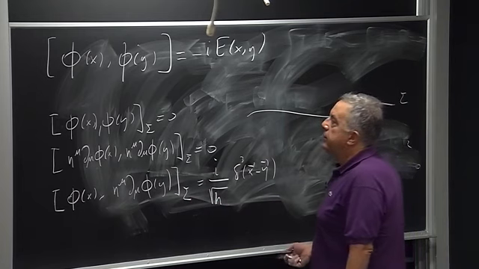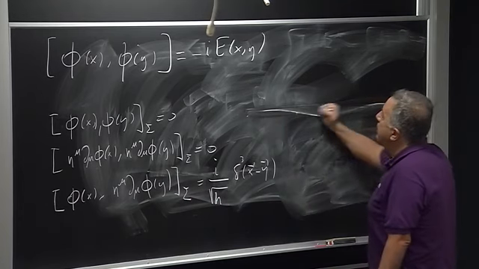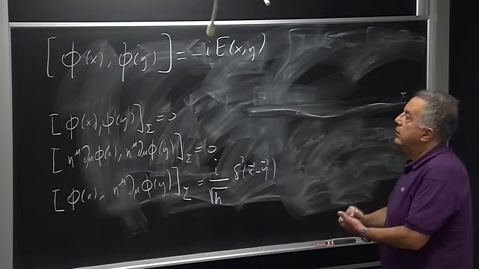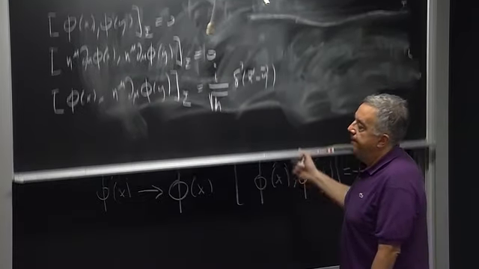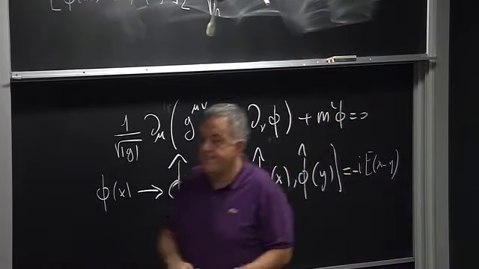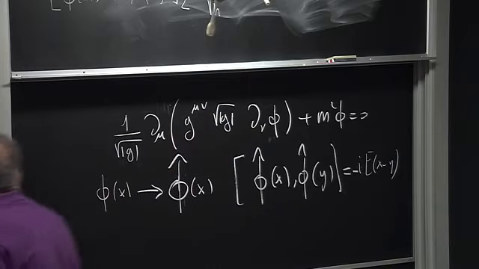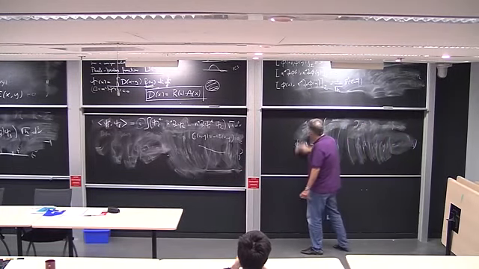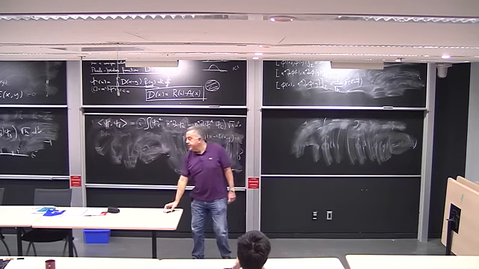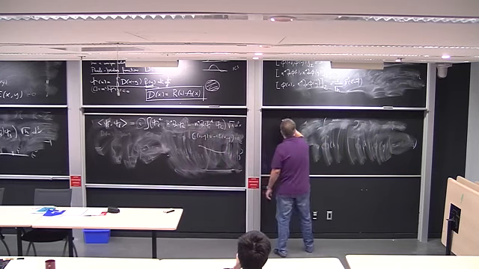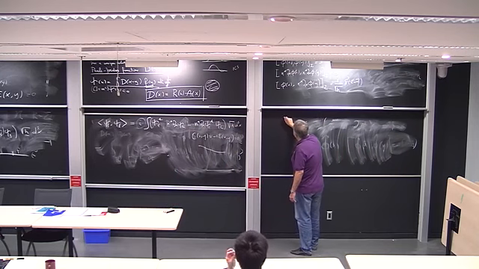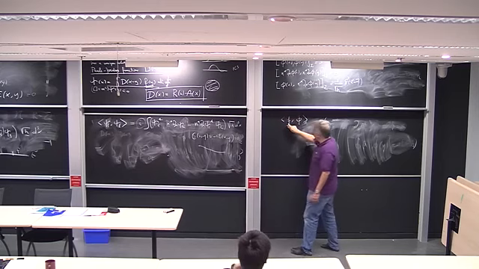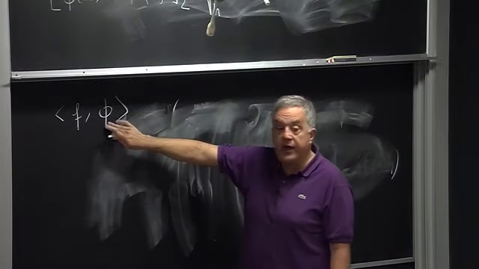So consider the Klein-Gordon product of a function f with a quantum field phi.